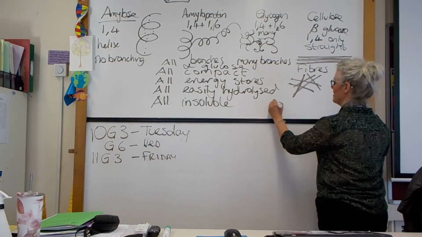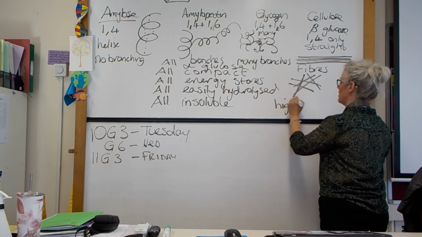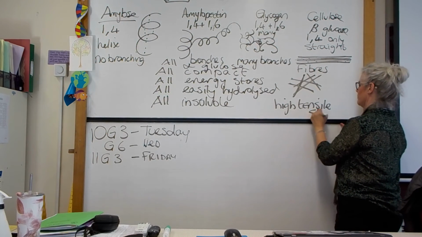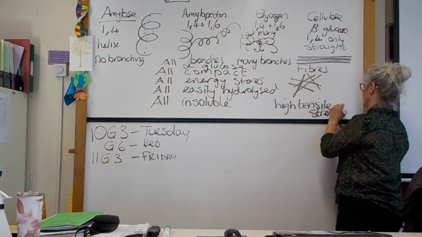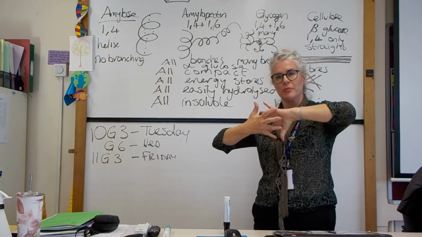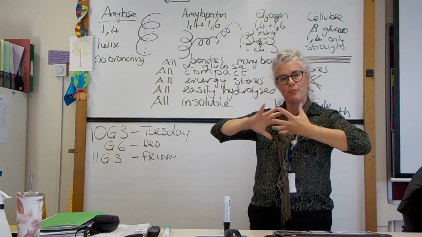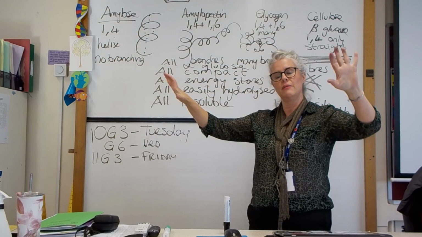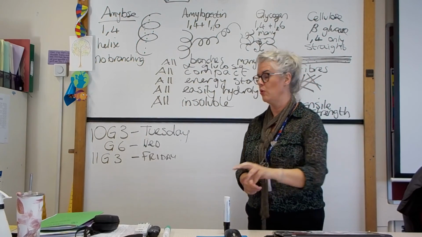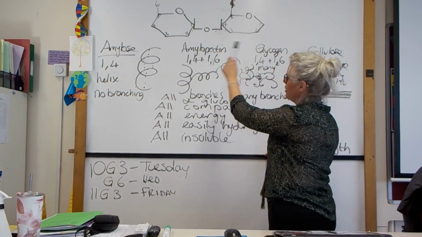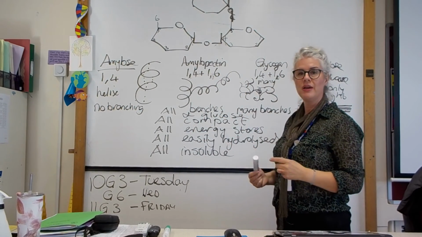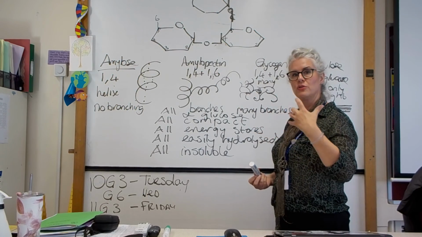So what you get is high tensile strength. And that's what you want in your cell wall. You want your cell wall to be able to resist that turgor pressure from that cell membrane, that full cell pushing out against the cell wall. So each of these polysaccharides has slight differences in their structure, but that very much relates to its function.